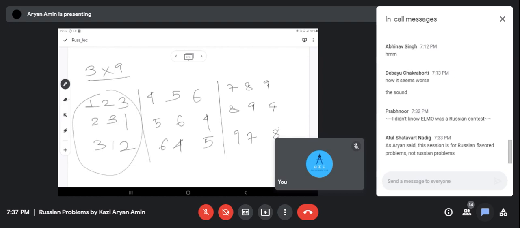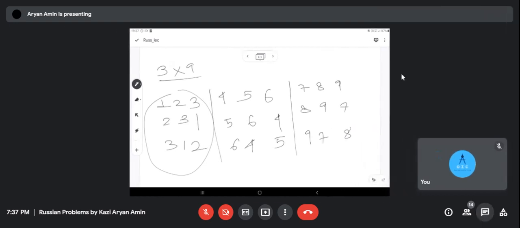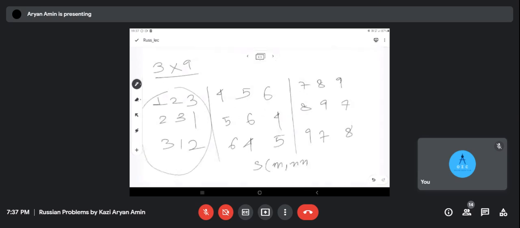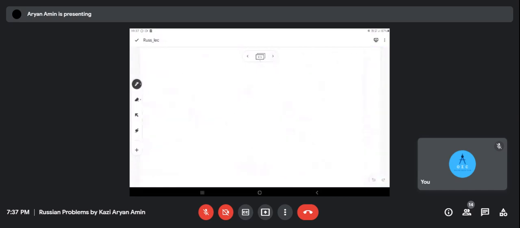So from this, it seems that s of m comma n is the maximum of m comma n. I get an intuition. Here s of 3 comma 9 was 9.